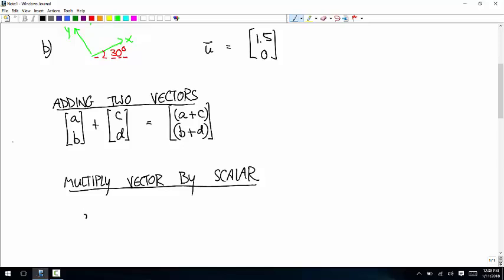So if you're multiplying the scalar D times the vector A, B, I'll do this one in 3D, the product is the scalar times each one of these components. So dA for the x component, dB for the y component, dC for the z component.